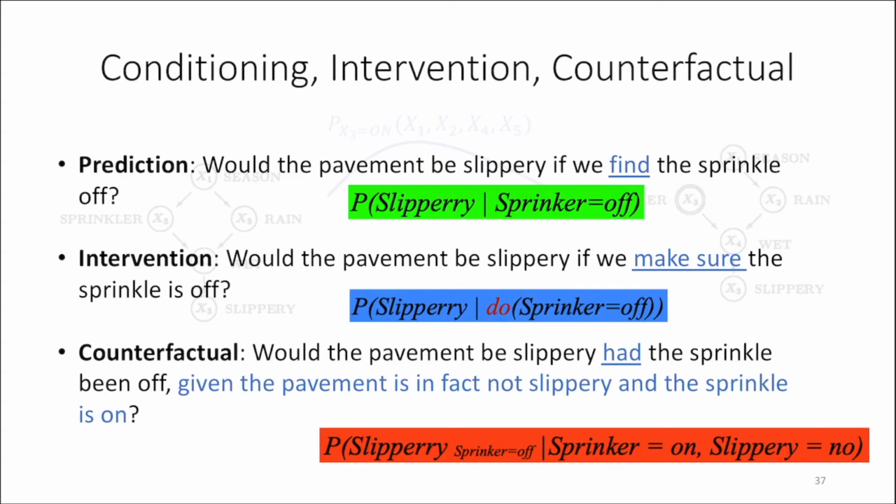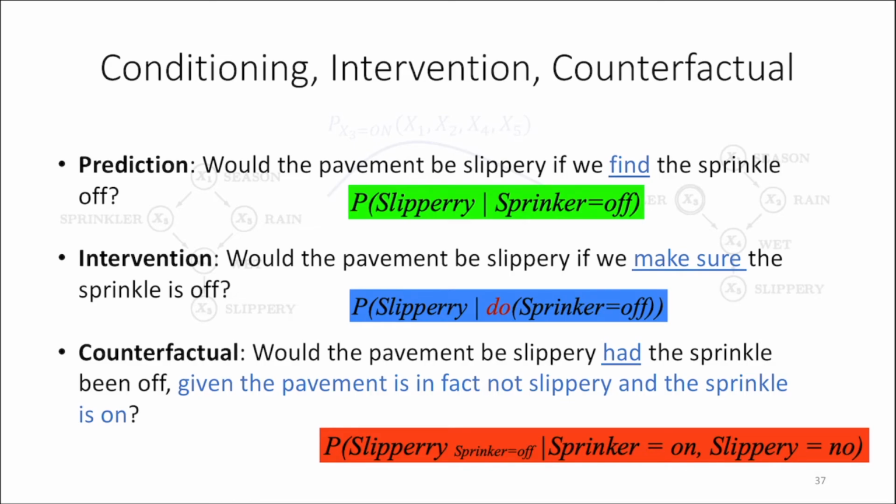If we have a causal graph, a graph that represents the relationships between variables in a causal way, we can do the following things. Of course, like any graphical model, we can perform prediction. An example of prediction would be: if we observe the sprinkler is off, what's the probability that the pavement is slippery? There is no intervention here, so this is a typical question you can also ask of a Bayesian network.